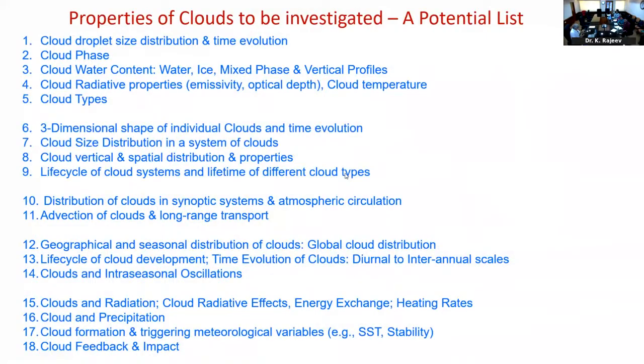SST gradient is another. So many parameters. And cloud feedback is the least known thing so far. Cloud feedback means the cloud has formed now, the cloud will start cooling or warming, and that will further modulate the circulation. If you address any one of these aspects, it becomes a topic by itself. So it is such a vast area as far as cloud physics is concerned.